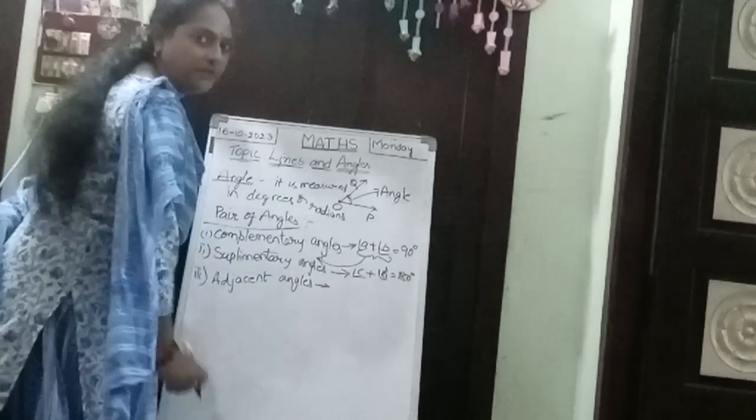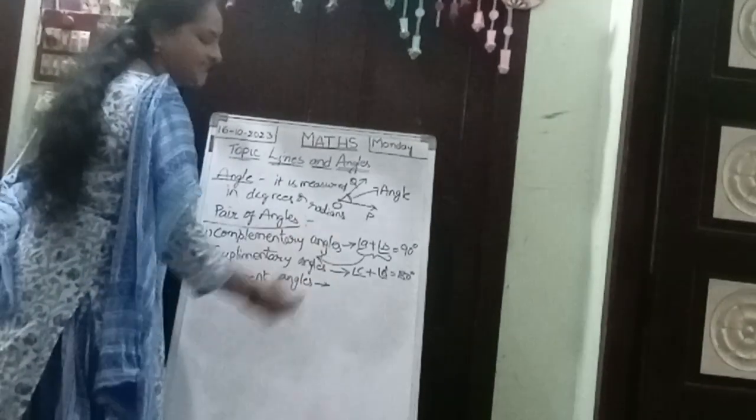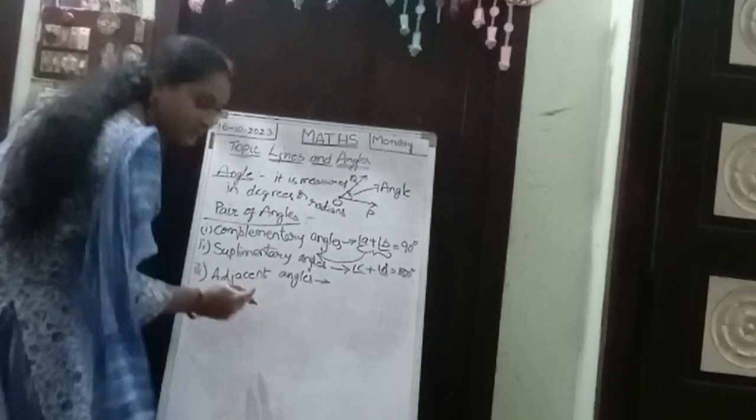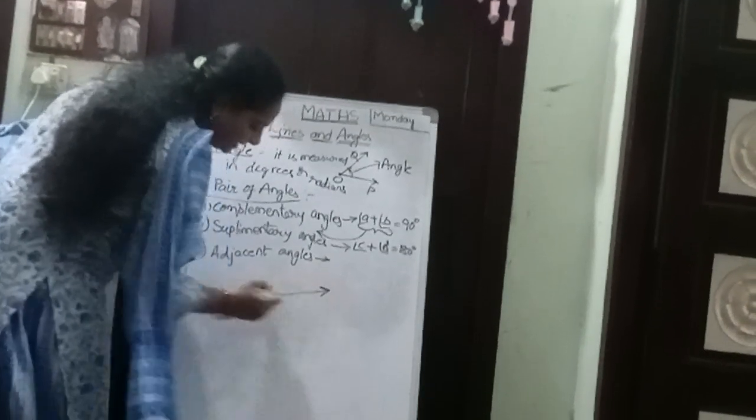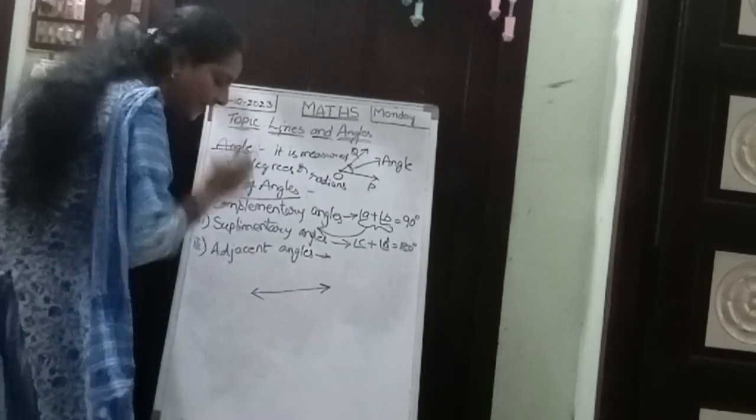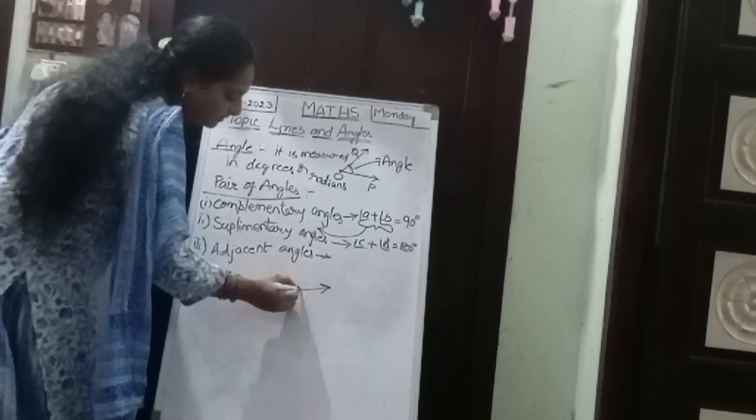How can you recognize these angles? Let me draw a figure which shows how adjacent angles look. I took a line, and I took one ray.